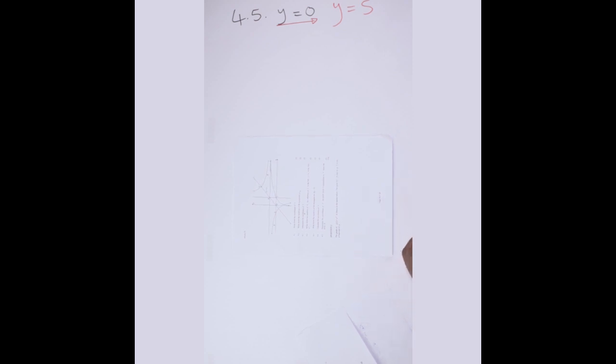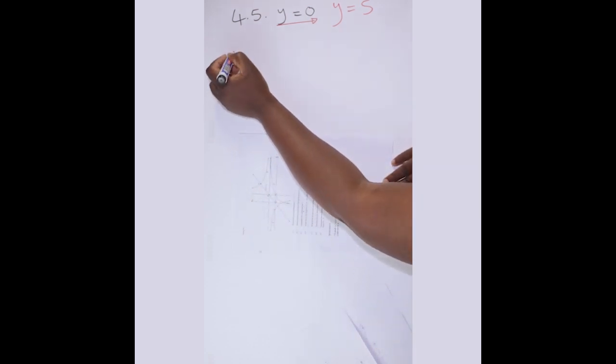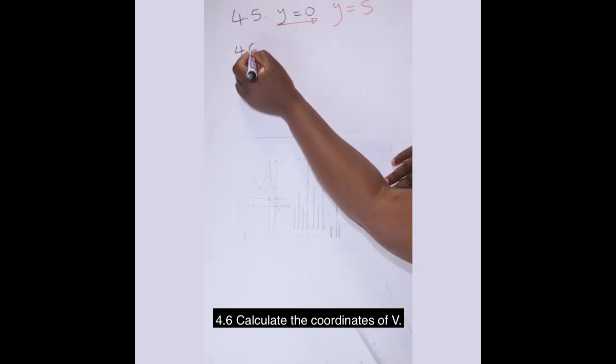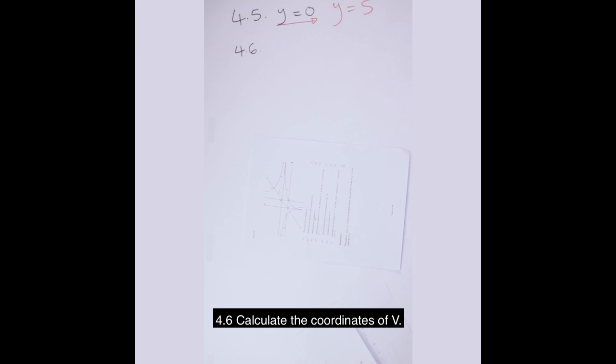In 4.6, they said we must calculate the coordinates of V. So 4.6, we are looking for the coordinates of V. If we look at it, the coordinates of V are at the intersection of the straight line y equals x and the hyperbola g of x.